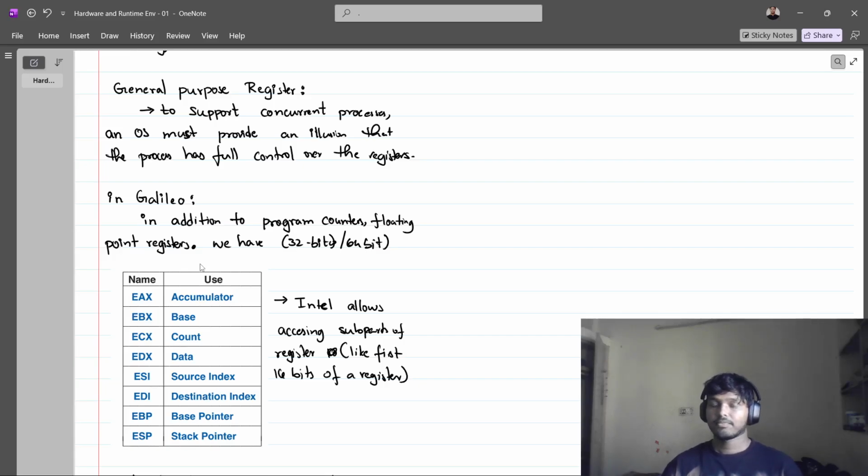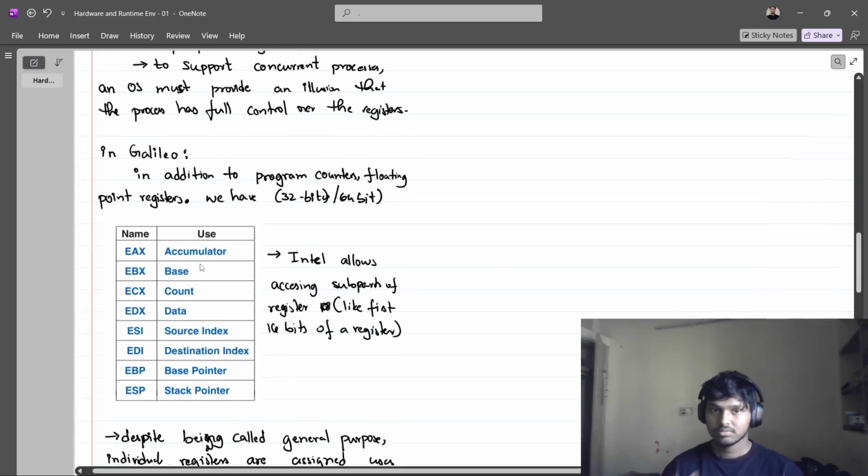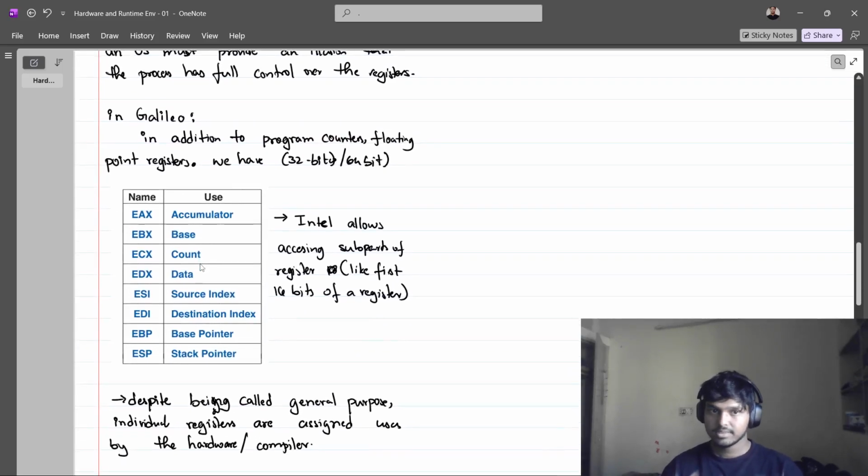So it needs to swap the registers with memory when you are running a process. So there's that, which you will see in the future.